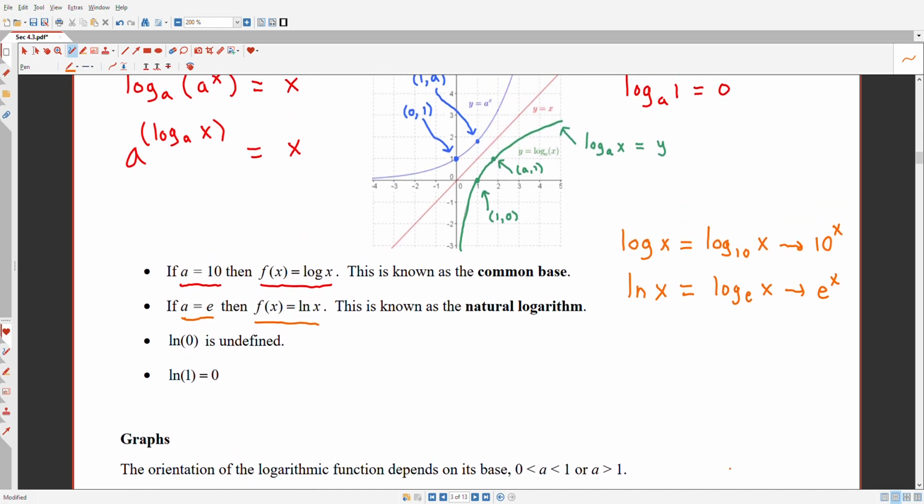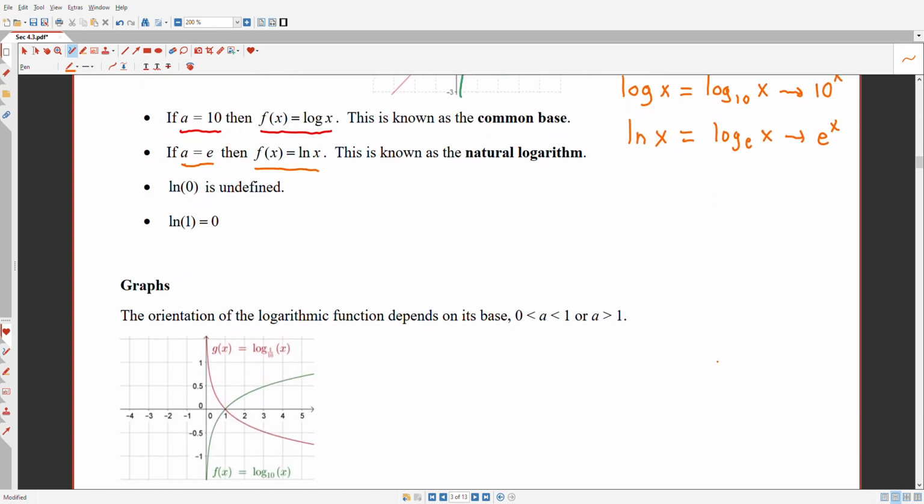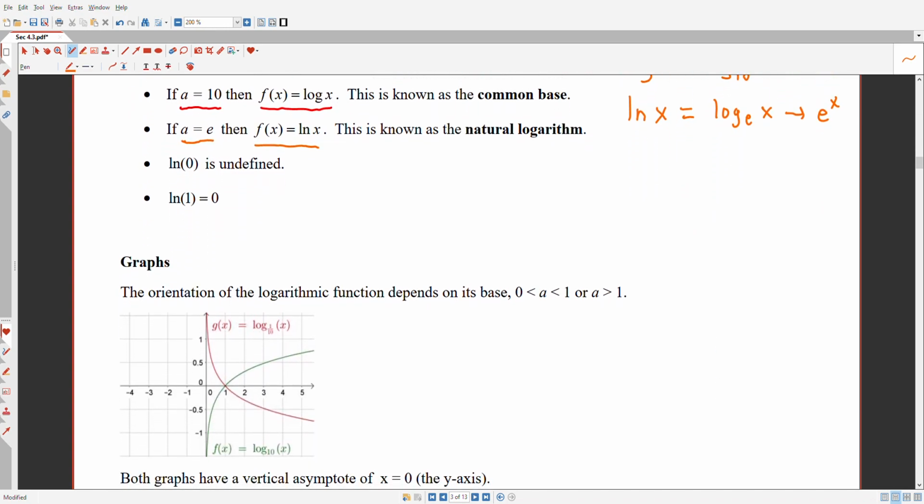Okay, so just a couple of notes here. The natural log of 0 is undefined, and why is this true? Well, you can see it from the graph of the natural log of x, but really, you can think about it like this.